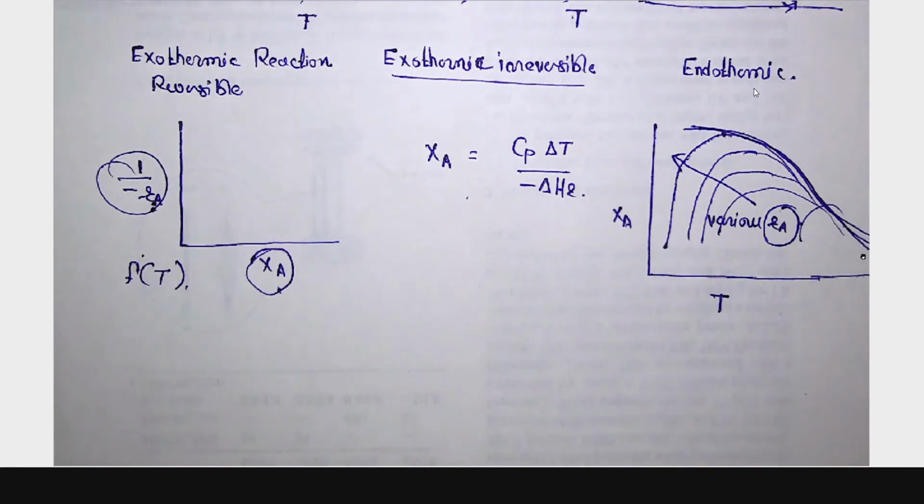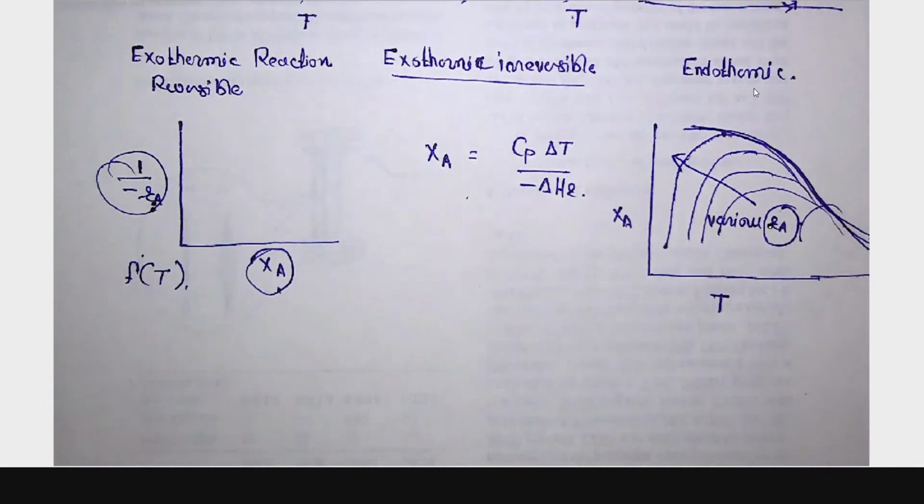So simple examples, if you see in your CRE1. I asked you to go through the solved examples before coming to this chapter. I don't know how many of you have done it, but the typical methodology has been given for how to get the volume of the reactor for this kind of system. But here it is a heterogeneous system, so we'll go for the weight of the catalyst, then the heat duty, and the suitable configuration for this.